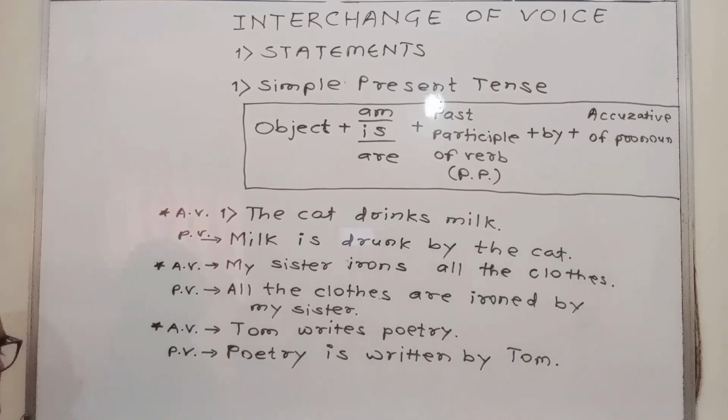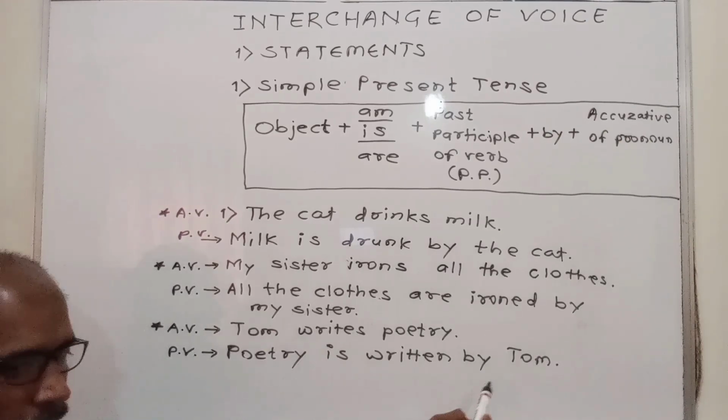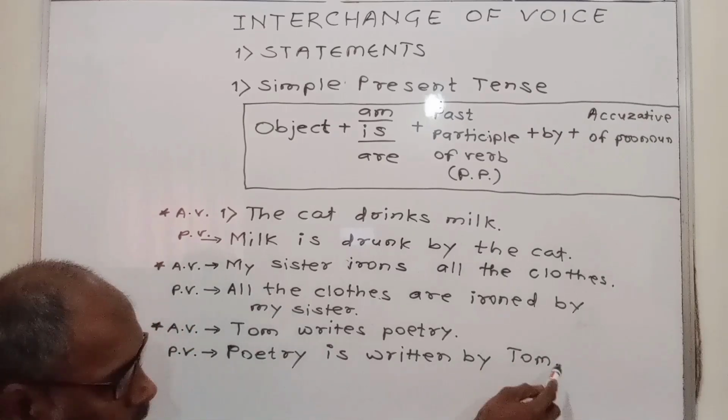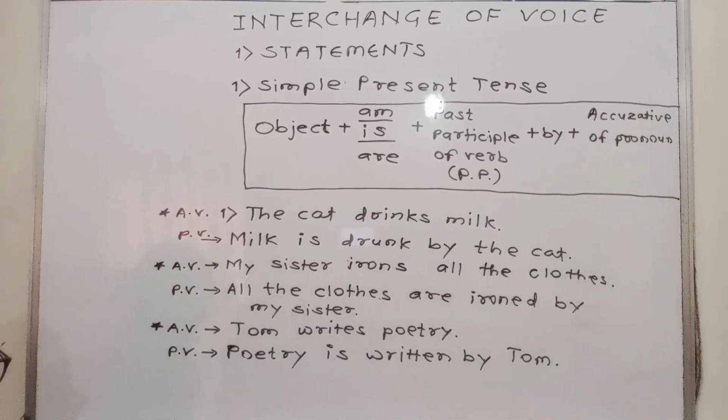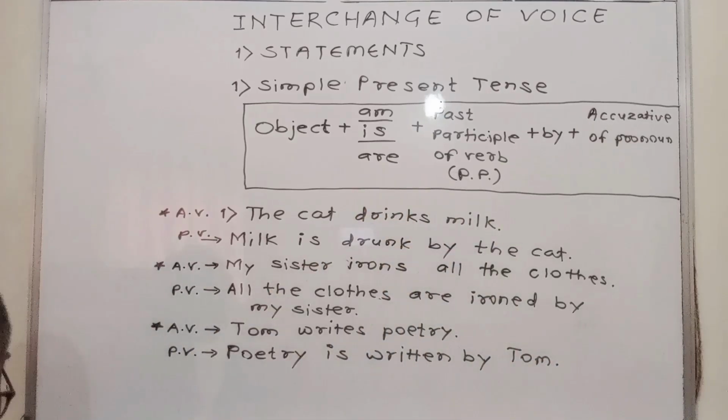We adjust them after the past participle, or at the end of the subject, or at the end of the accusative of pronoun. Did you get it? For that, I will give you one example.